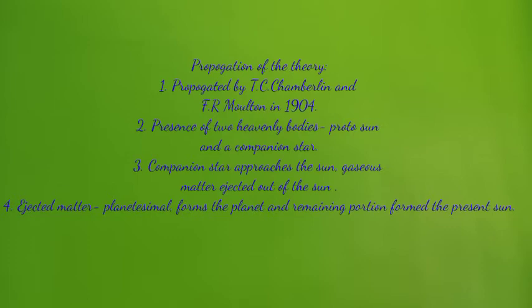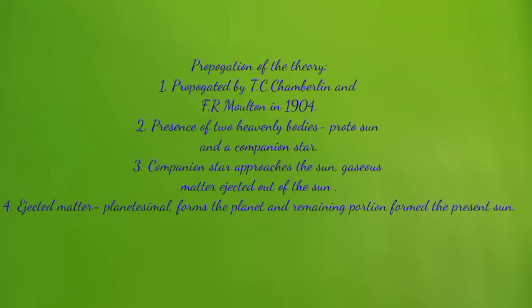Now, not the entire part of the proto-sun went on to collide or attach with the bigger star, which we call the companion star. So a part of the gaseous matter of the proto-sun started ejecting out of it, as even in the present time we see the sun ejecting out some matter.